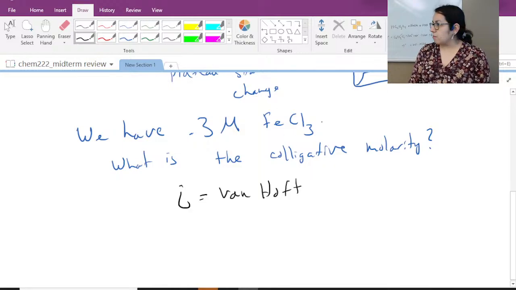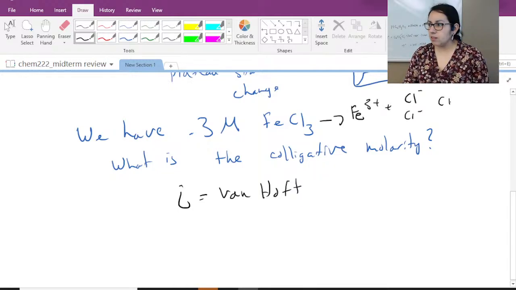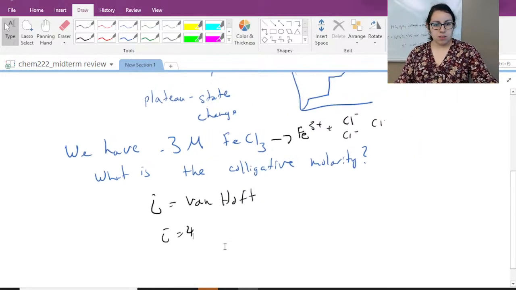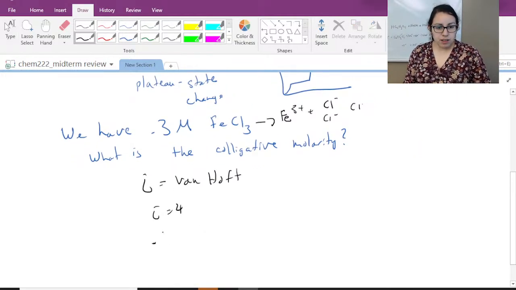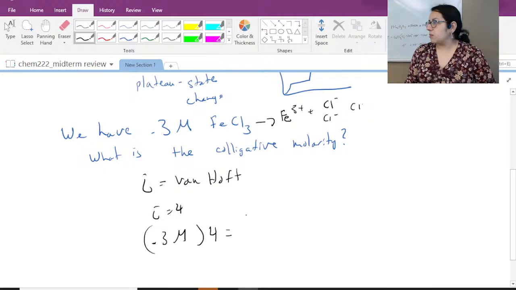So what's our i, or basically how many particles do we get in solution? Yep, so 4, right? It dissociates into iron 3 plus and 3 chloride ions. So i is 4. Then for our colligative molarity, we just multiply it by our Van't Hoff factor. So then what do we get for this one?